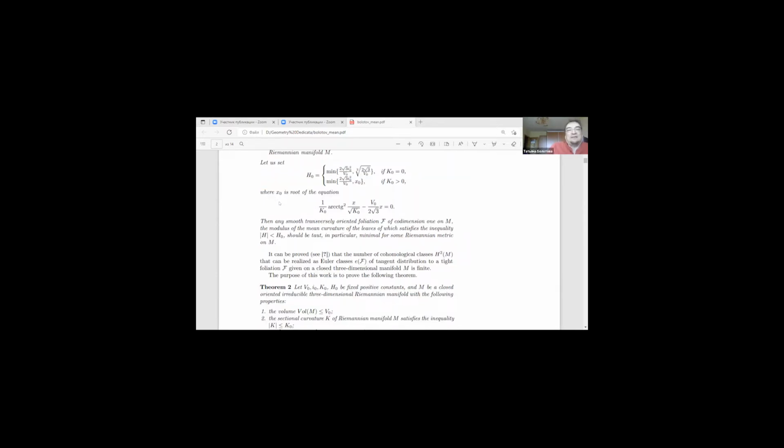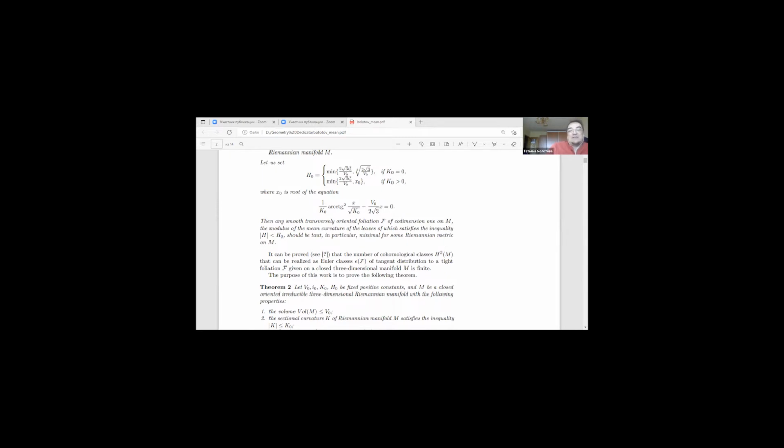And let H0 be one of the following constants. It depends on K0. And X0 is a root of the equation here.